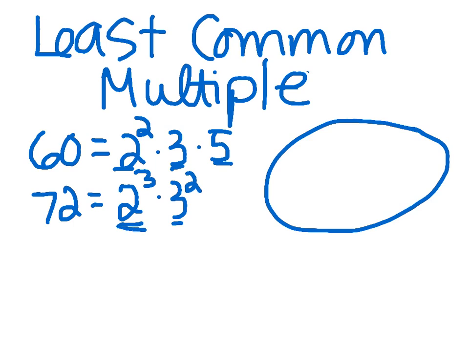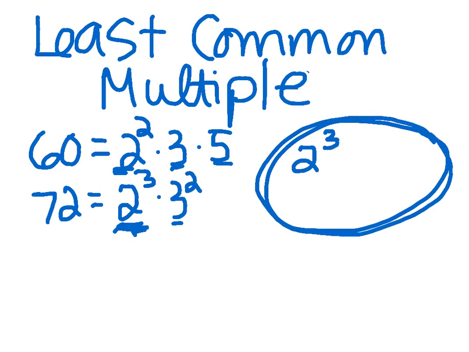So if I look at the 2's, 2 to the third covers 2 squared. In other words, anything that's divisible by 8 is also divisible by 4. So I can put this in here. I need at least 2 to the third in order for this collection of factors to be divisible by 72. I also need 3 to the second.